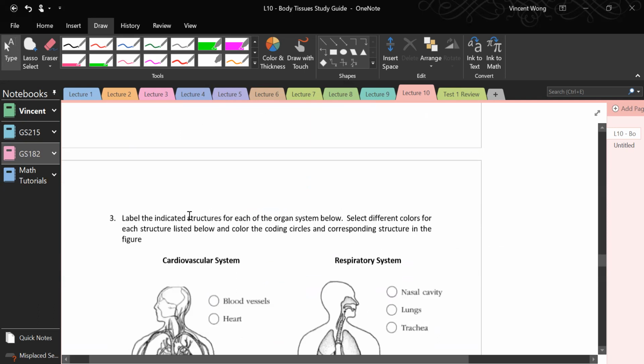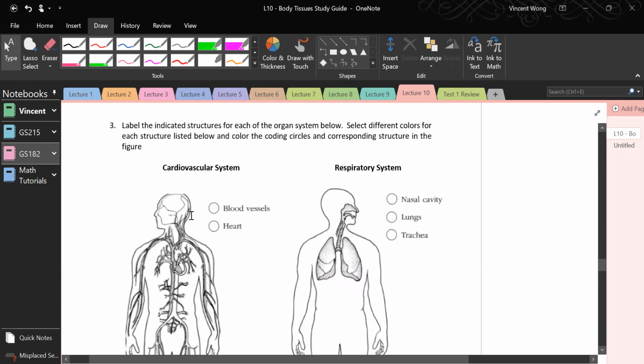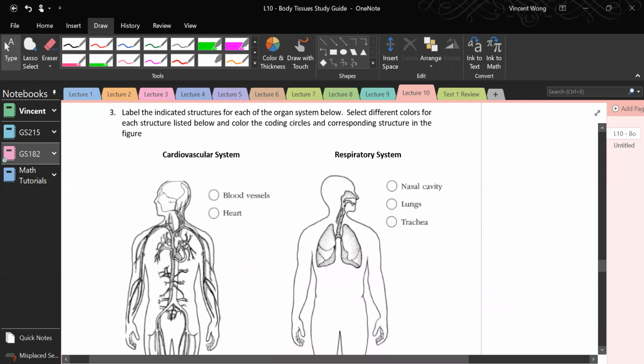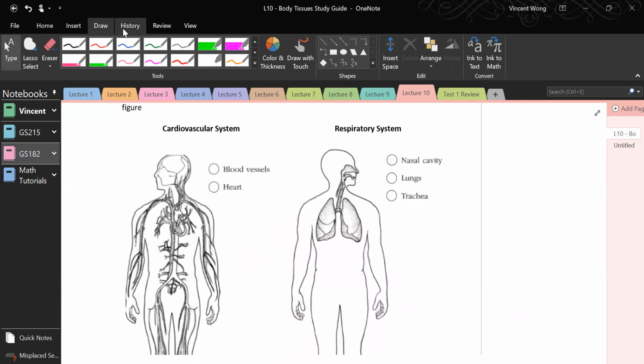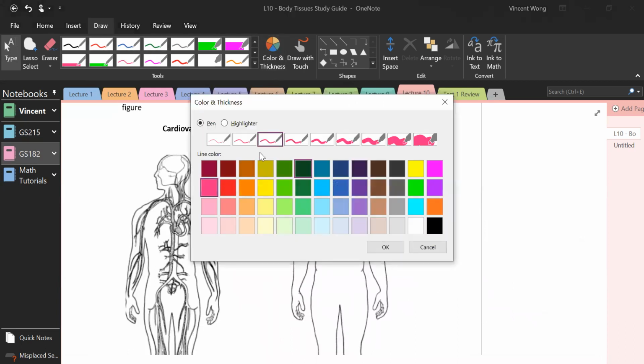Okay, last part here. Cardiovascular system. These are just the major systems that we will learn next semester. We will spend about a week on each of the systems. For the cardiovascular system, here are some main organs to show you where they are.